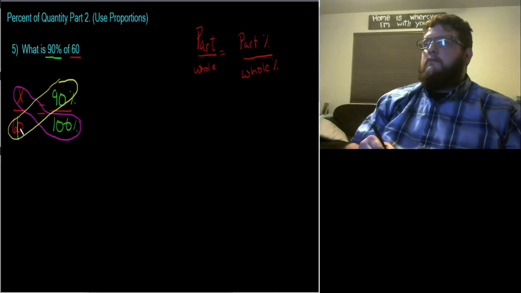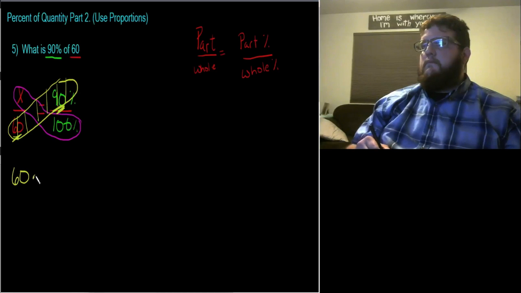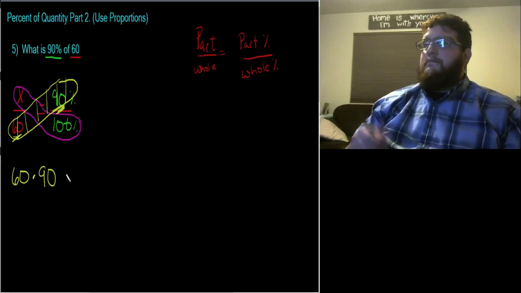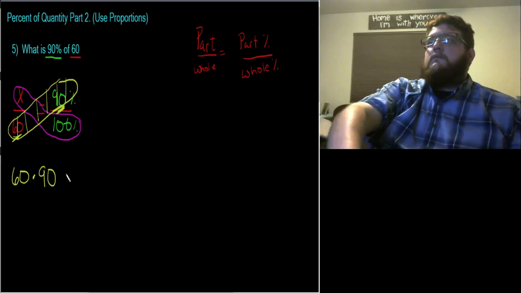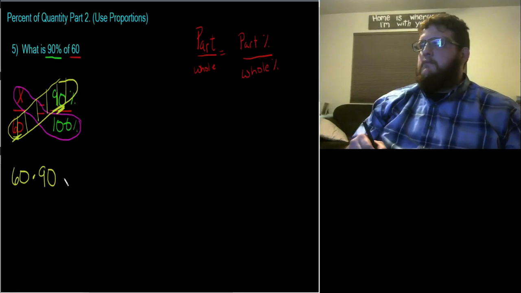So now we'll set these up as products. We'll take our first wing in yellow here. 60 times 90. And we'll set it equal to the other wing, which is x times 100.